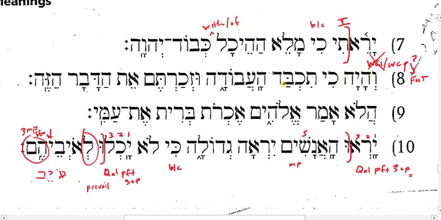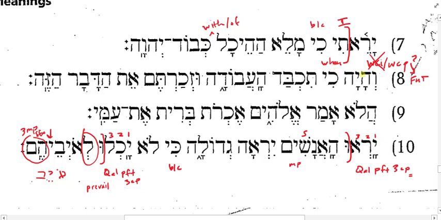Ki tikbad ha'avodah. How can we translate the ki? It could be because. It could also be what? That or when. Now, if v'haya is introducing a future time frame, it's possible that when is going to be the best way to render this.